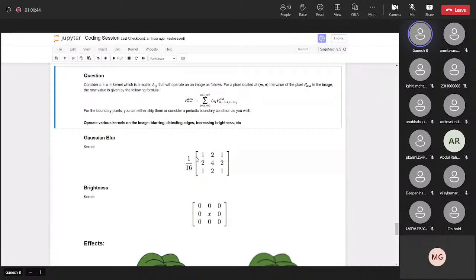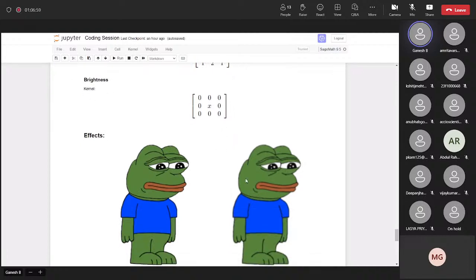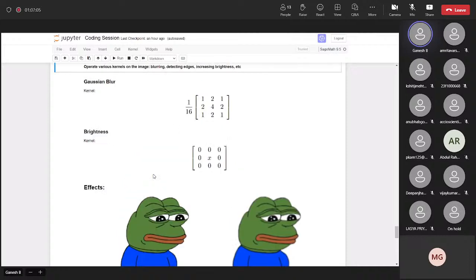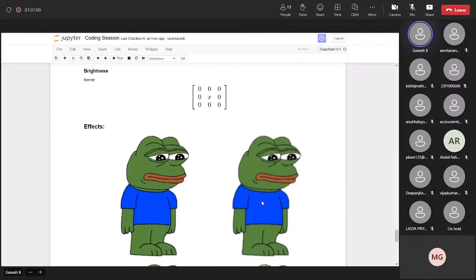When you operate this kernel on your image matrix, it produces an effect of blurring. And this is an example. If I pass this left image through this as a matrix, and convolve it with this kernel, I get this output matrix, and you can see it is slightly blurred.